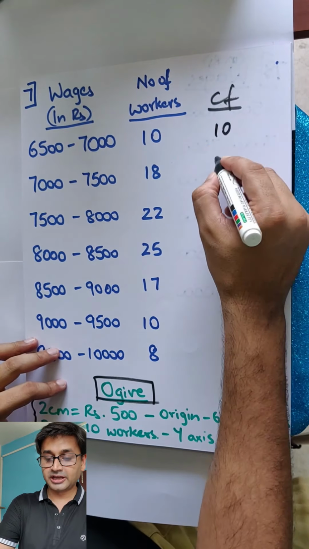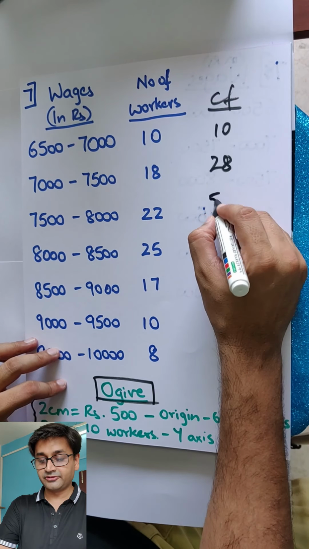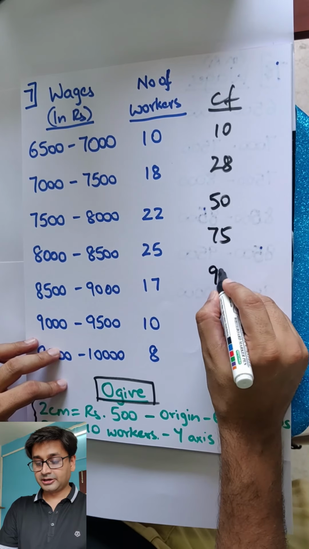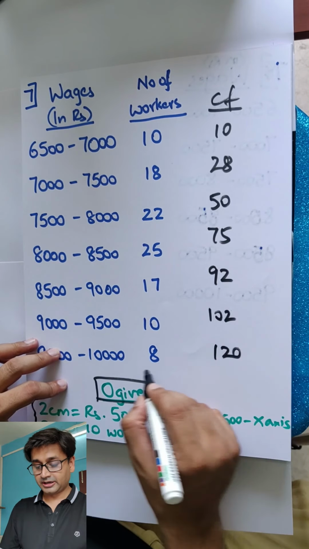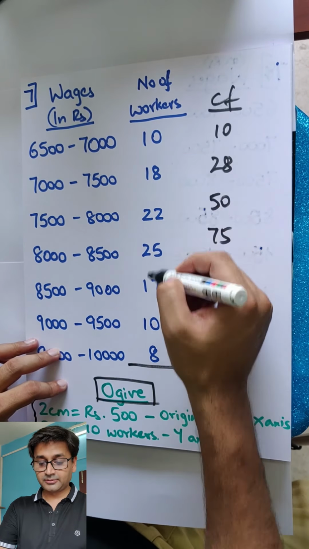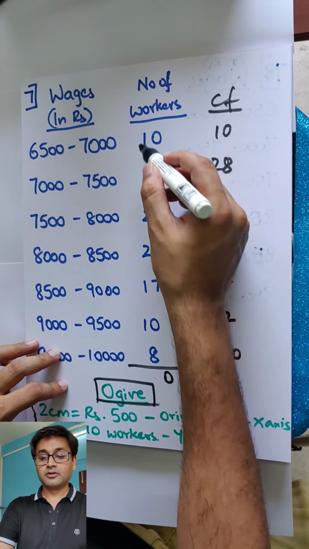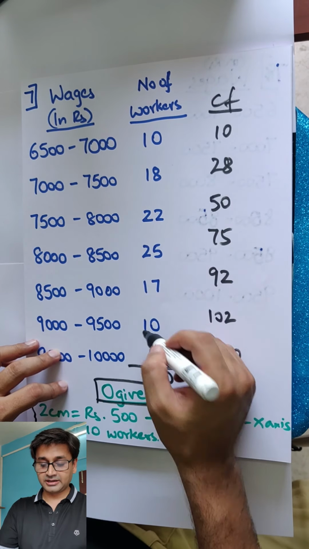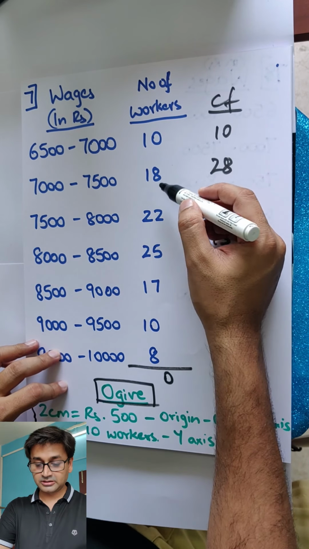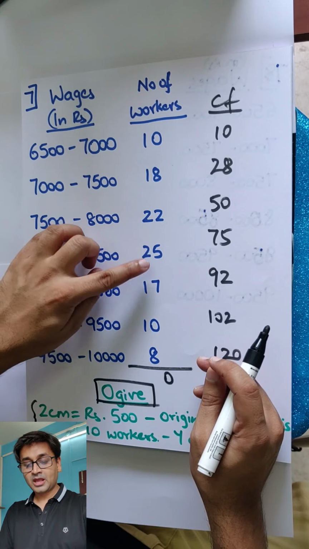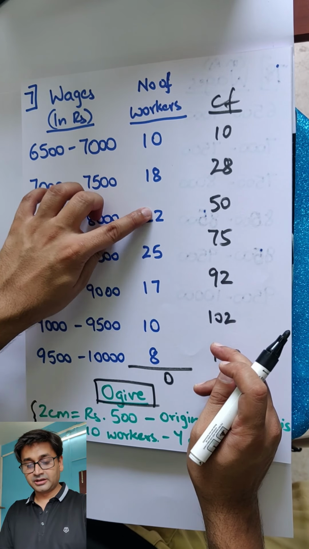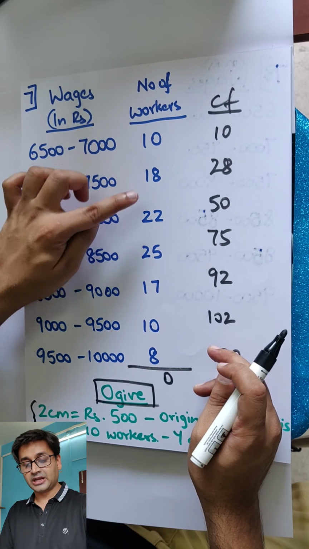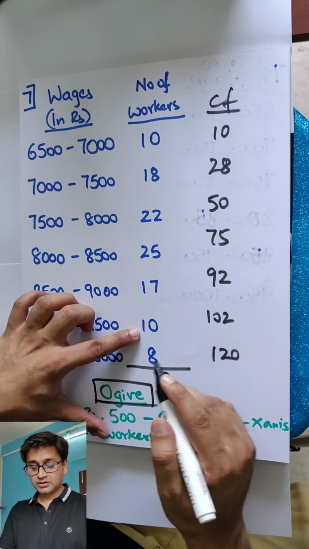Chalo, let's begin. So 10, 28, 30, 40, 50, 75, 92, 102 and 120. Let me check. 8 plus 8 is 16, plus 5 is 21, 22, 23, 30, with 3 carried over, so I am getting 110.